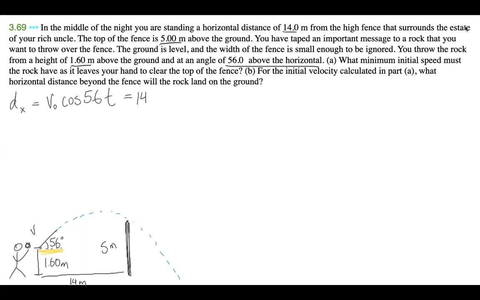And now let's do the same for distance in the y direction. So for distance in y, we know that we're going to need a kinematic equation. So this one we just use distance is equal to velocity times time, right? So just vt is equal to d, that's what we used. But that's not going to be enough for the y direction, right? Because we also have acceleration due to gravity.